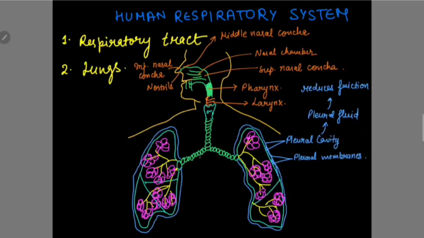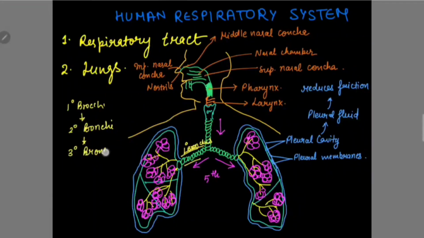When trachea enters into the thoracic cavity, it divides into 2 branches called primary bronchus at the level of 5th thoracic vertebrae. Then primary bronchi divides into secondary bronchi. Secondary bronchi divides into tertiary bronchi, then into pulmonary bronchioles, then into terminal bronchioles.